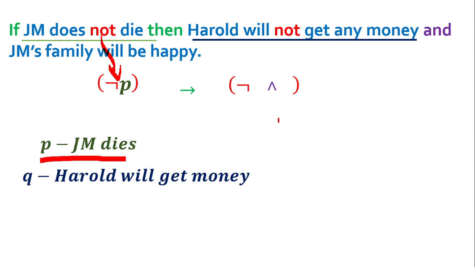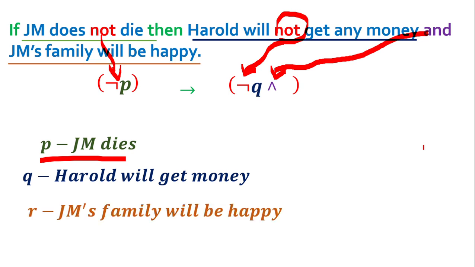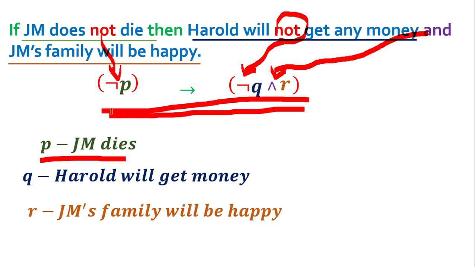Hindi natin pwede dito ilagay ito not, kasi ito na yan. So Harold will get money, that will be the Q. Yung N na yon. Then JM's family, which is to represent the R, JM's family will be happy. So ito yung statement na mabubuo natin.